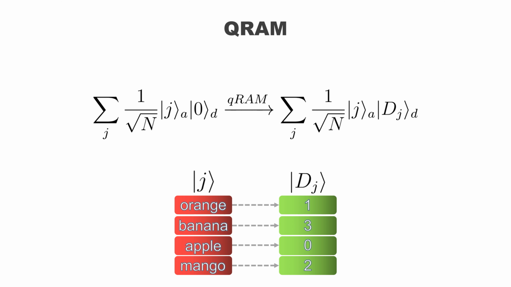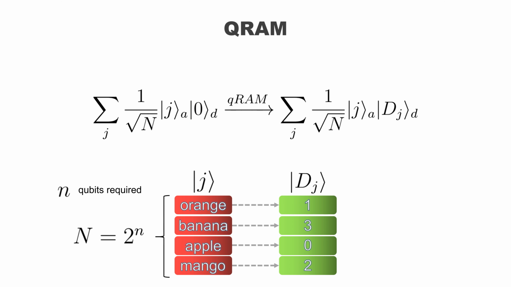The quantum random access memory operation returns a superposition of data in a data register D correlated with the address register. The index j means that D_j is the content of the jth memory cell. Cats represent not single qubits, but the whole address and data registers.